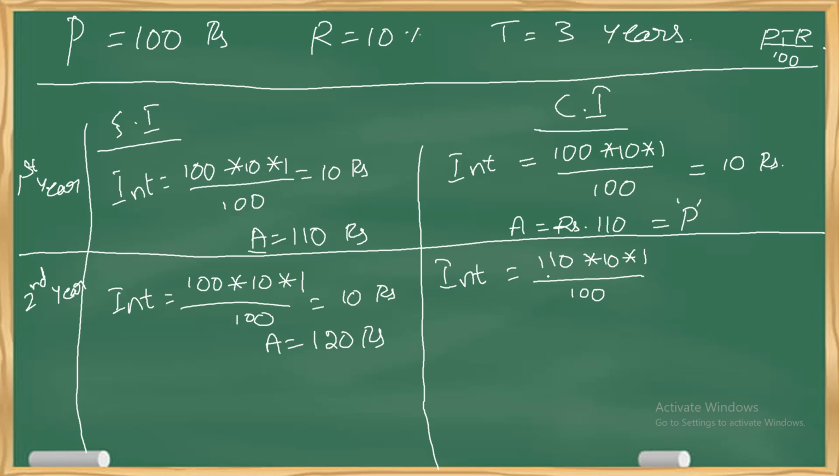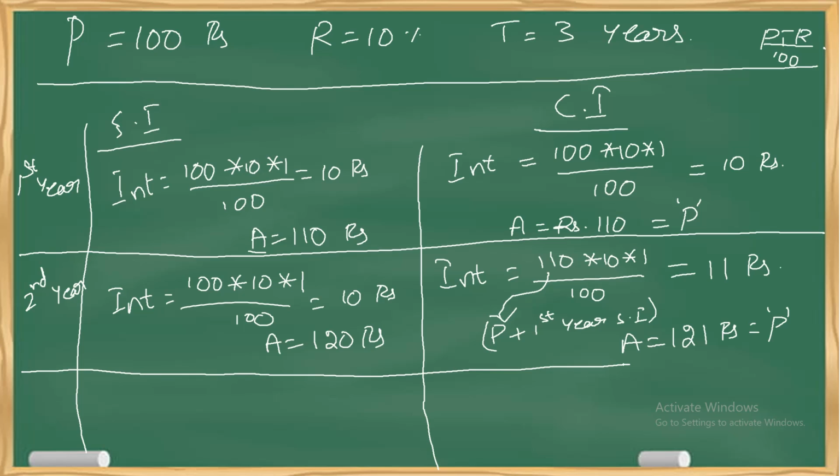In this 110 you have two different values: principal amount plus first year's interest. So you will get 11 rupees now. So the amount will become 121 rupees, which will again be considered as principal amount for the next year.